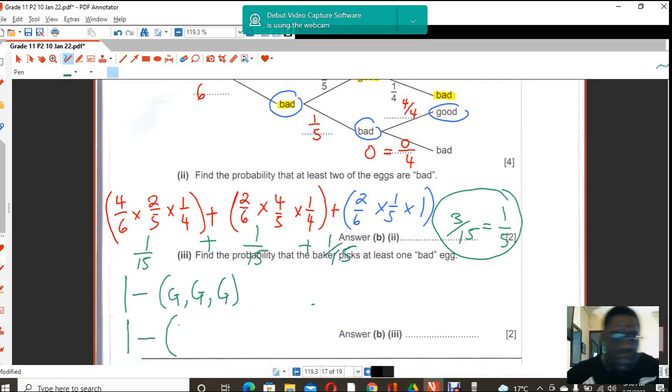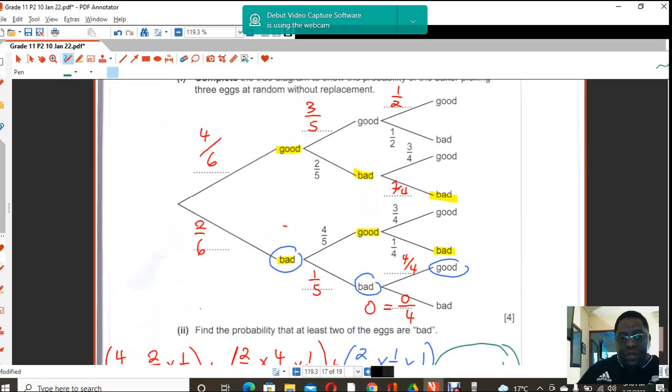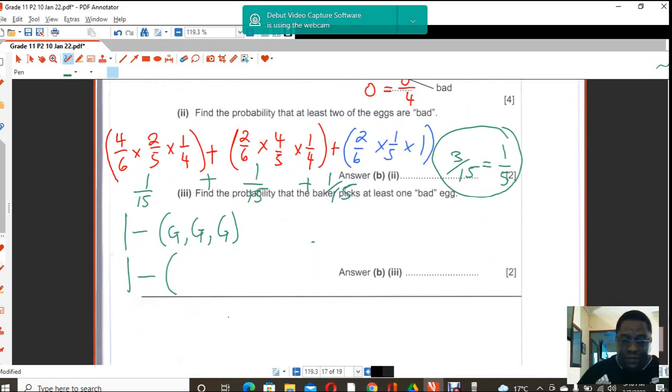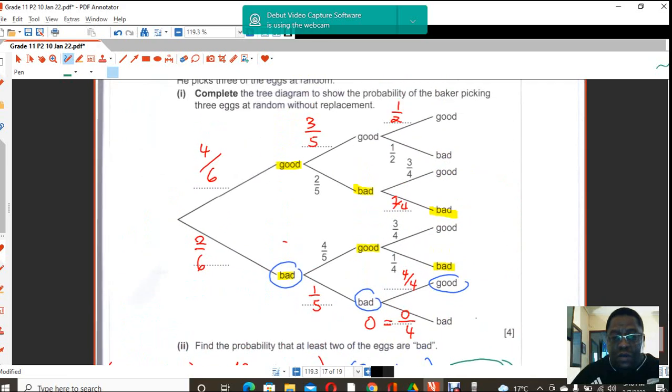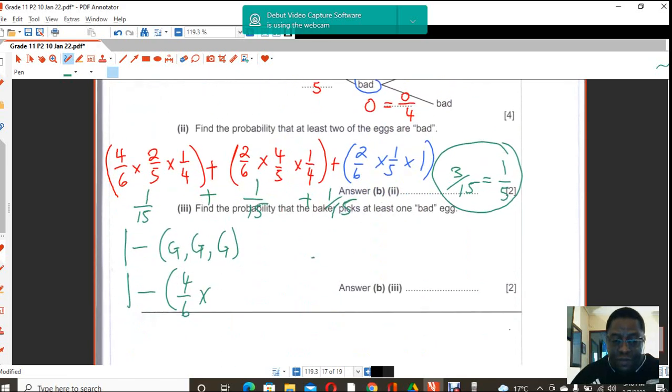So 1 minus, and what is the good, good, good? 4 over 6, then another good, 3 over 5, then that one is 2 over 4, which is basically a half.